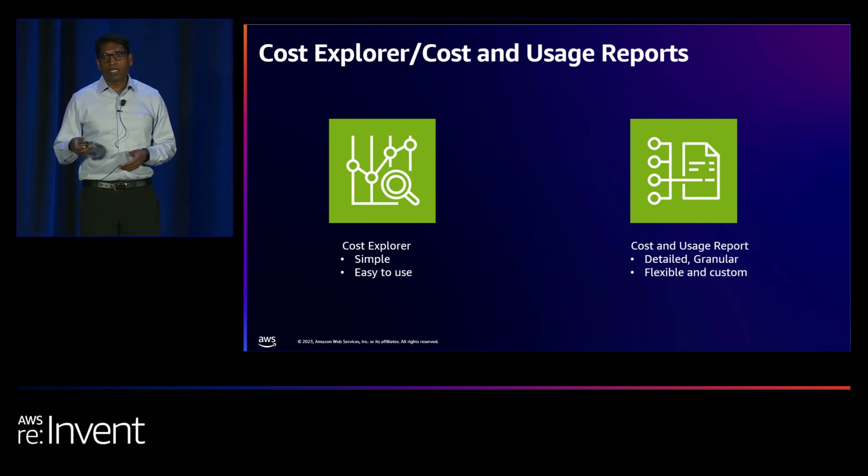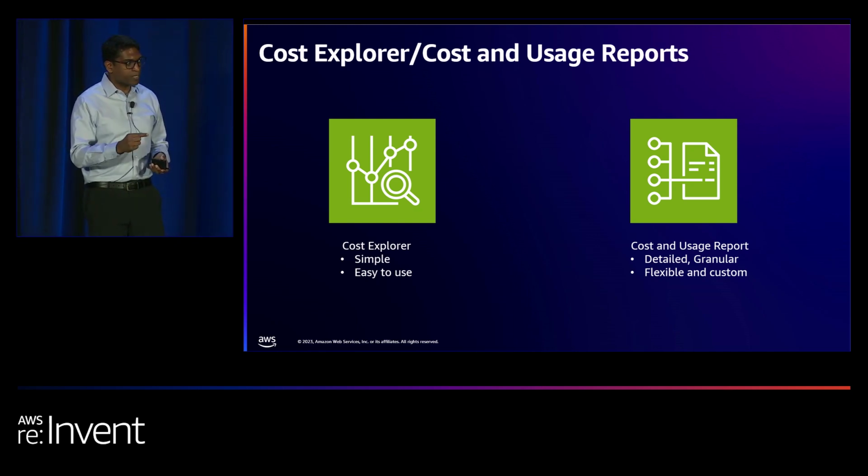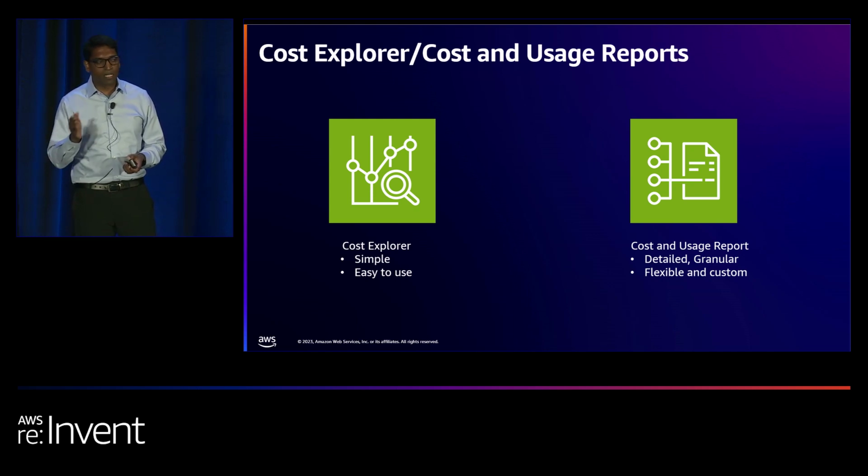What we have found is that most of our organizations like to have a deeper overview and gather the details of how each service is being used. And this allows them to build out custom dashboards and custom queries. So it's a little bit more flexible than what you would get with Cost Explorer.